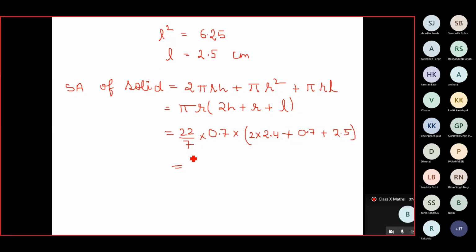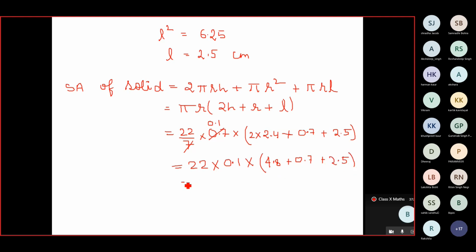So when you cancel it out, what does it give you? 22 into 0.1, and 2 into 2.4 becomes 4.8. So 4.8 plus 0.7 plus 2.5, how much will be the addition of these three?